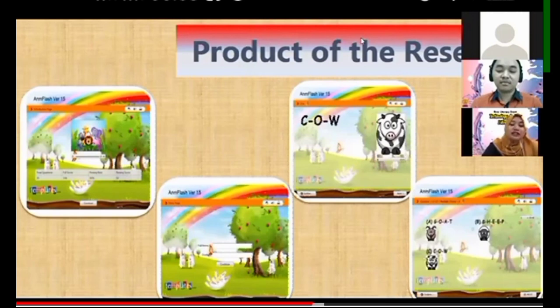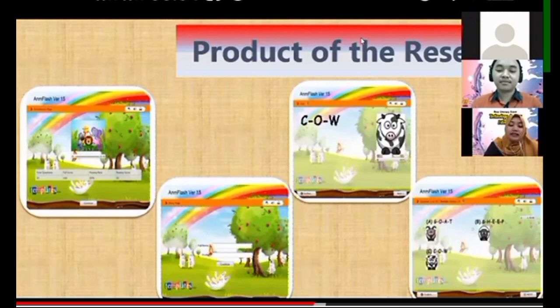The material is about introduction to vocabulary about animals. Not only the visual, I also add audio for this product. There is also simple text about the vocabulary, and some simple exercises related to the materials.